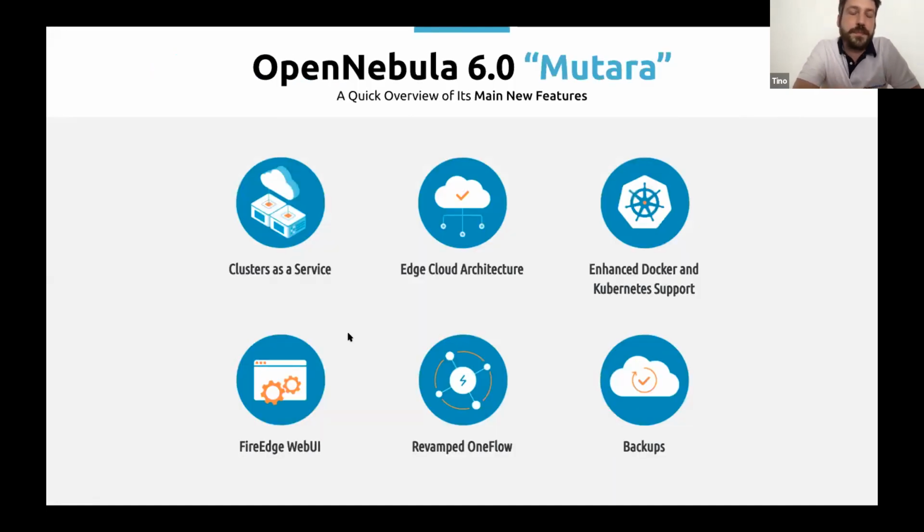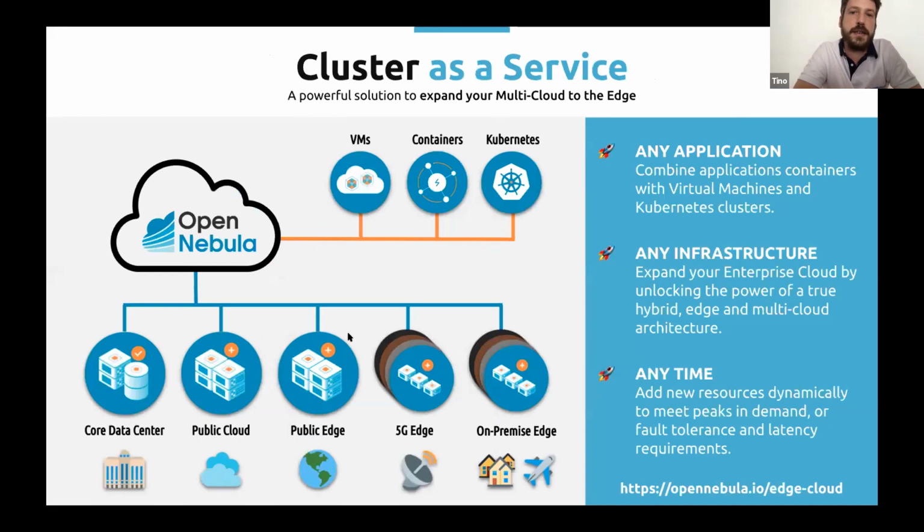Okay, now getting a bit more into general features of OpenNebula that are not specific to VMware, but can be used in a cloud running on top of VMware and managed by OpenNebula. So let's go into detail on these new features. This is probably the most relevant addition to OpenNebula in the last 3 or 4 years.